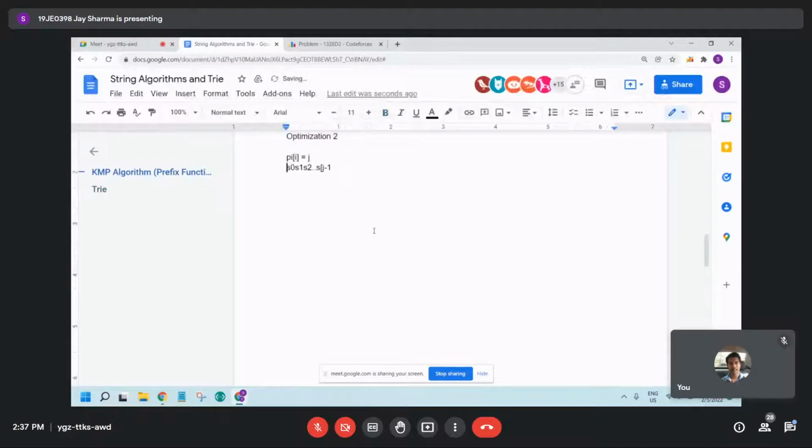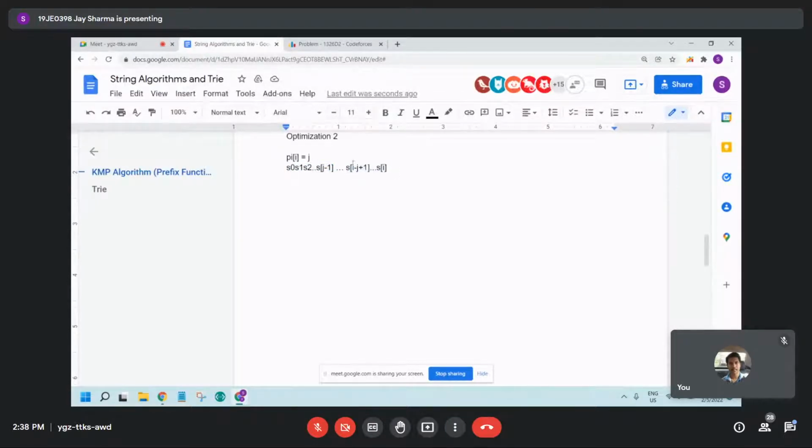So this is a prefix that matches with the suffix of length j. And as already said, the first index will be i minus j plus 1, and this will go up to s of i. So we know that this part is coinciding with this whole part.